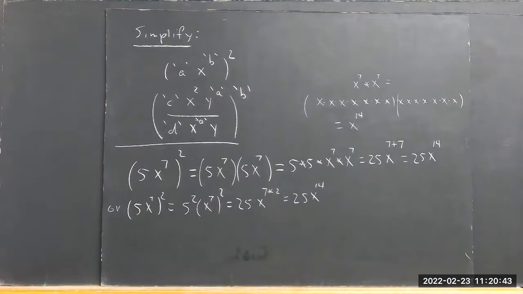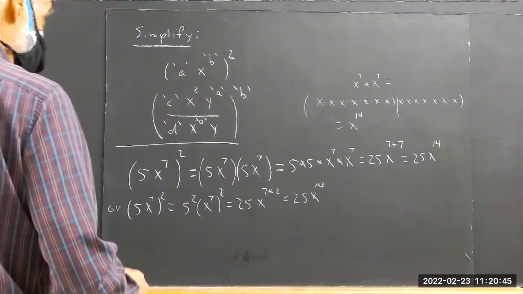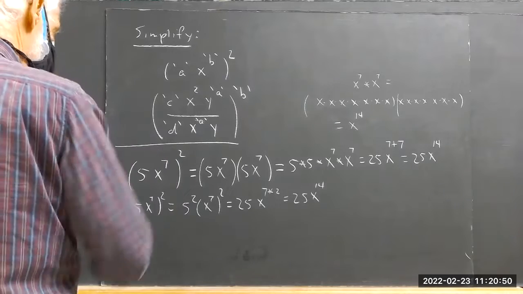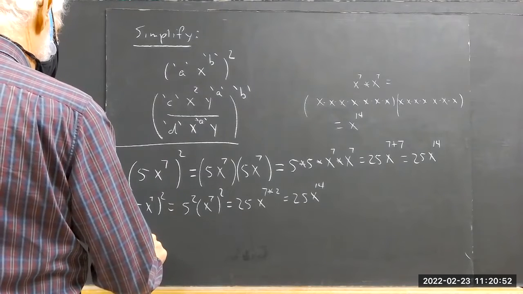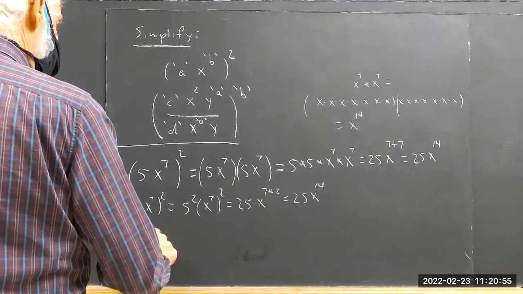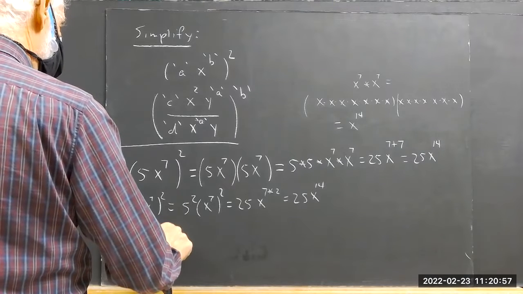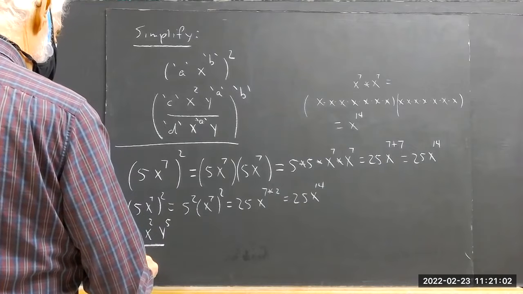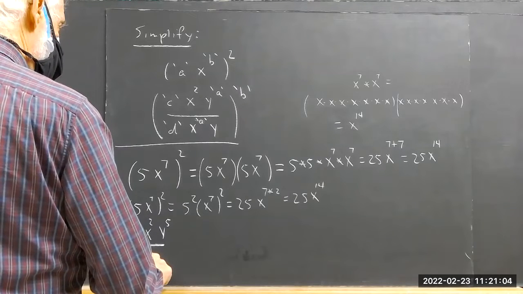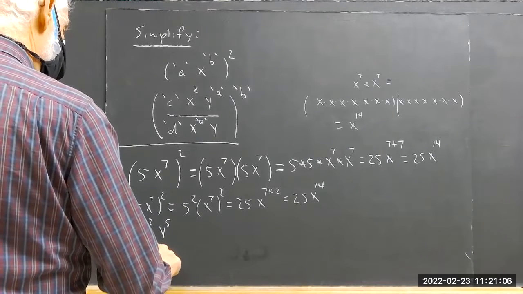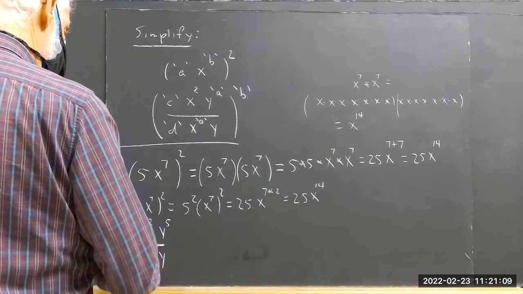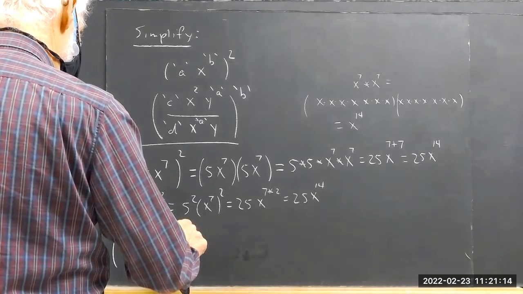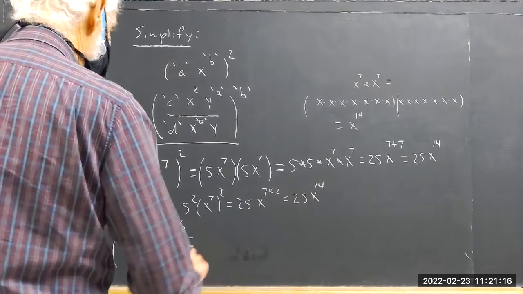Okay, well, over here, now we got our fractional expression, and let's say this is 8 x squared y to the 5th over 11 x to the 5th y, raised to the 6th power.